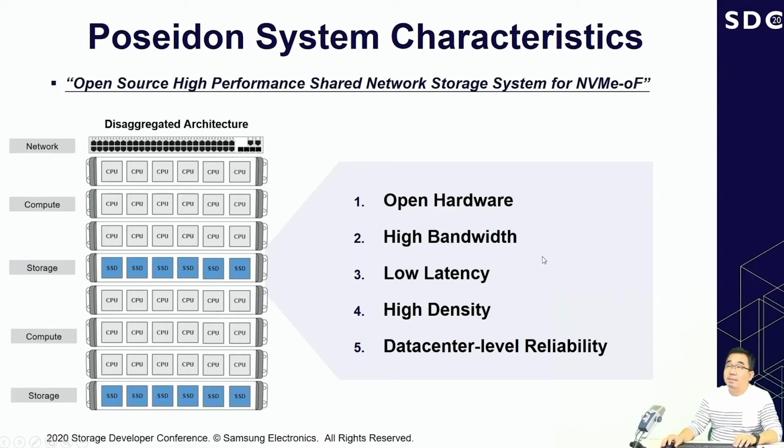Since the system is a shared storage system, it has to support high bandwidth and low latency, and it should be a high density storage system. And since our target customer for the Poseidon system is the general data center, the system should provide some level of reliability for the data center.